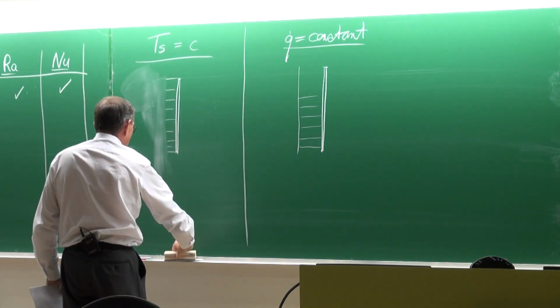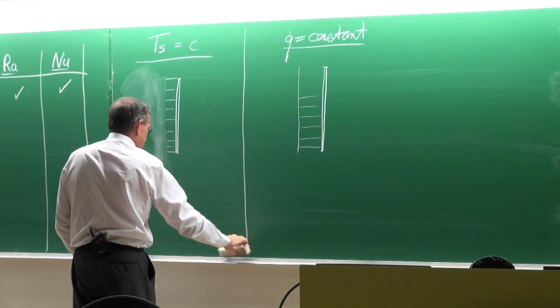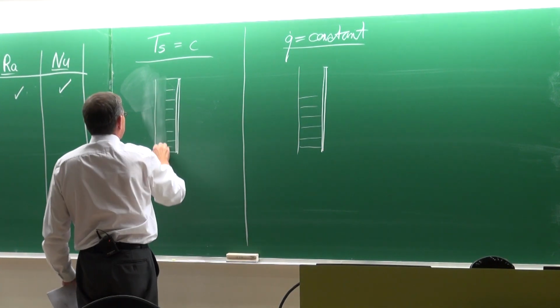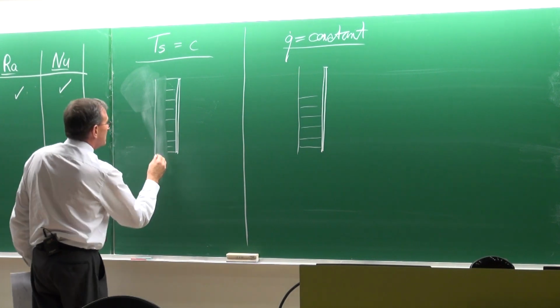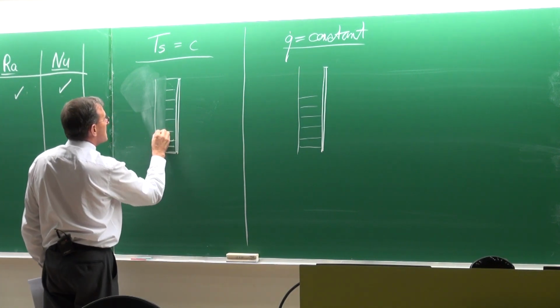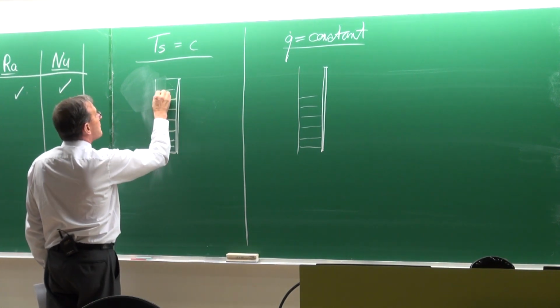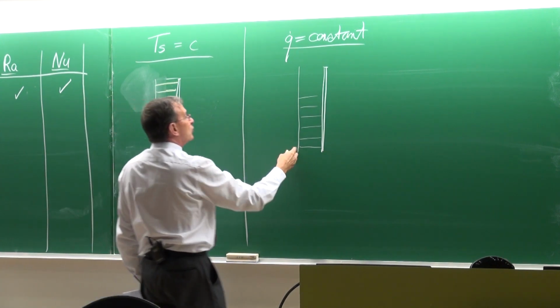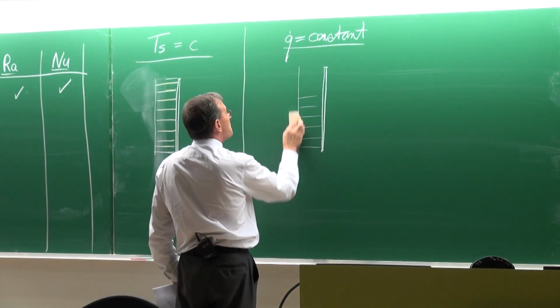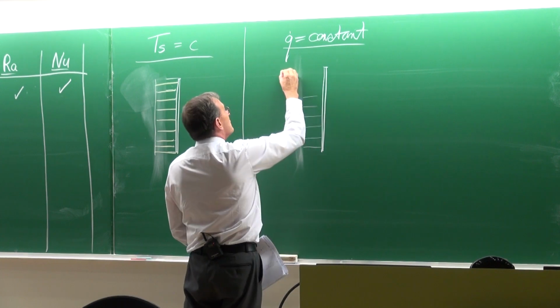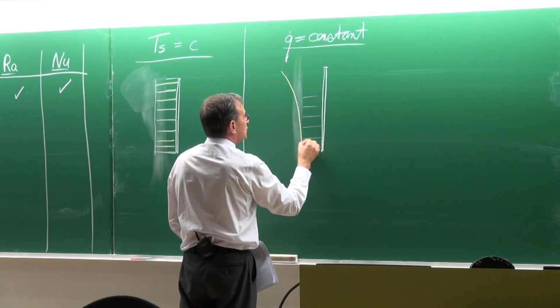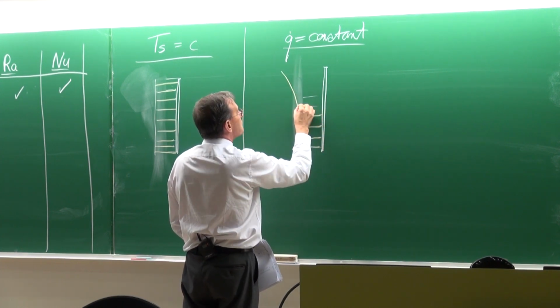This is, of course, for a constant temperature. That would be the temperature that remains constant. While for a constant heat flux, the temperature distribution is going to do something like that.